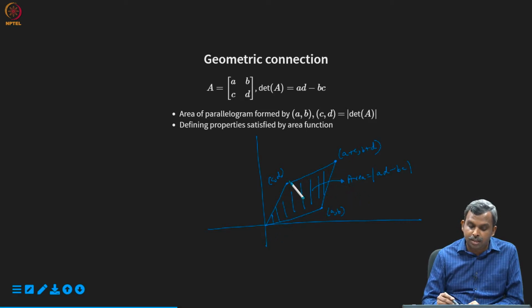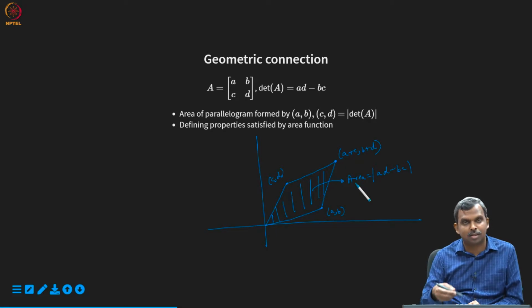You look at the parallelogram created by the rows, and the area of that is the absolute value of the determinant. You can prove this: make a big rectangle and then subtract out all the other areas. You will get AD minus BC, so it's easy to show. This is one motivation. For 2 by 2, there is something similar for 3 by 3.